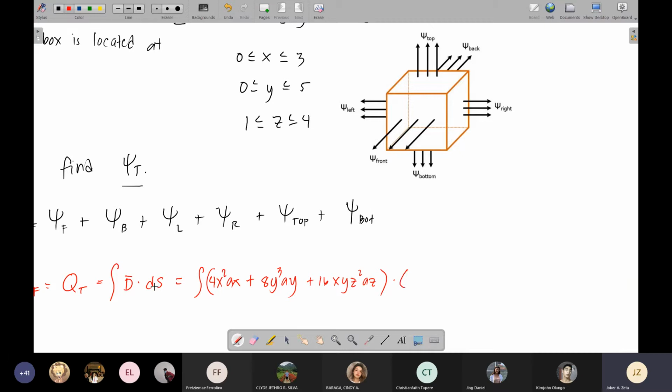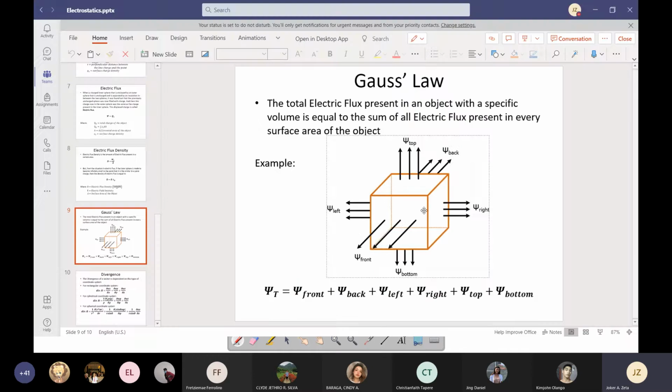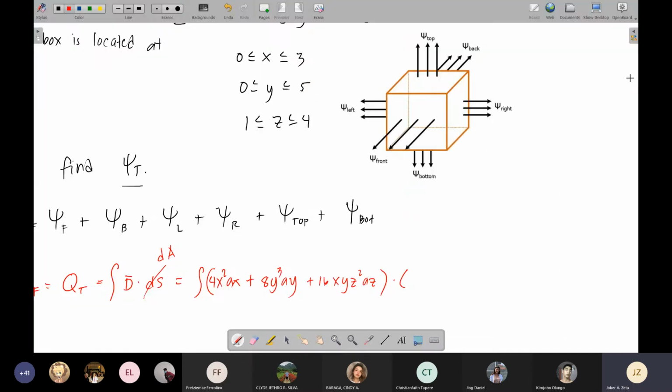Now, what's the differential surface? Technically, the differential surface is the differential area. The names differ, but surface and area are the same. So what is the differential area for our front surface? In the rectangular coordinate system, it is easy to determine: you just look at the dimensions.